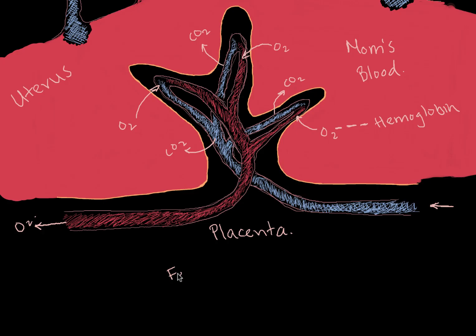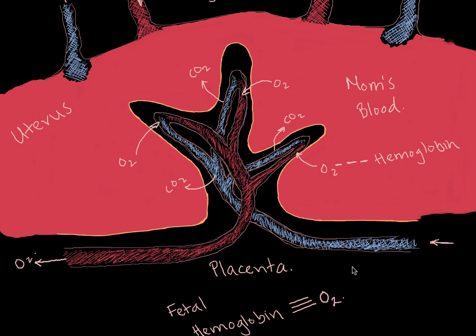The baby creates a special protein called fetal hemoglobin. And fetal hemoglobin is so special because it has a very, very strong bond to oxygen. And so as the fetal hemoglobin is passing through these vessels here, it'll actually rip the oxygen away from the adult hemoglobin so that it can carry this oxygen back to the baby.